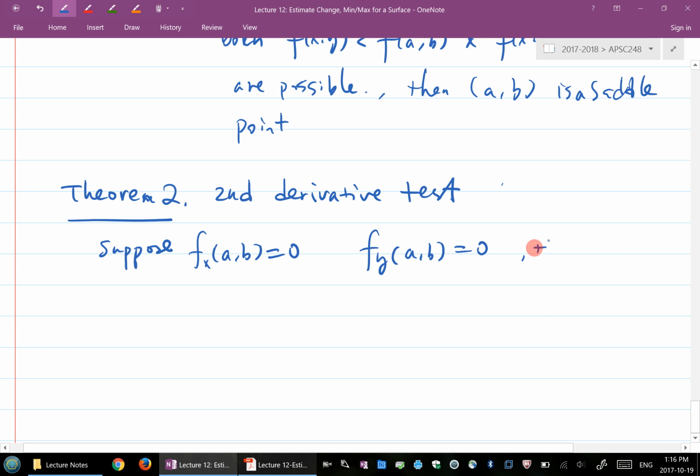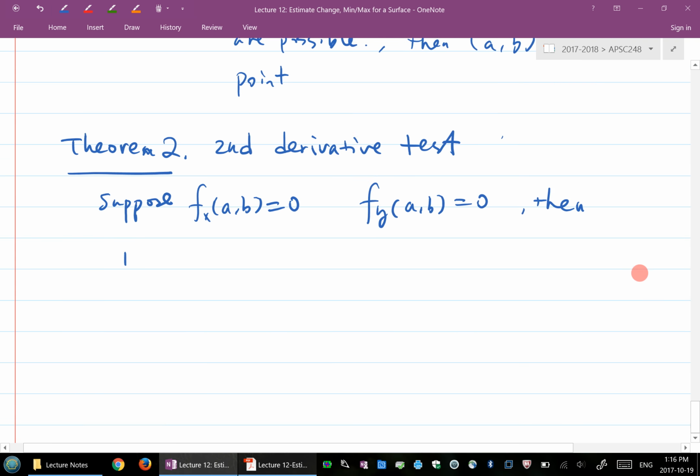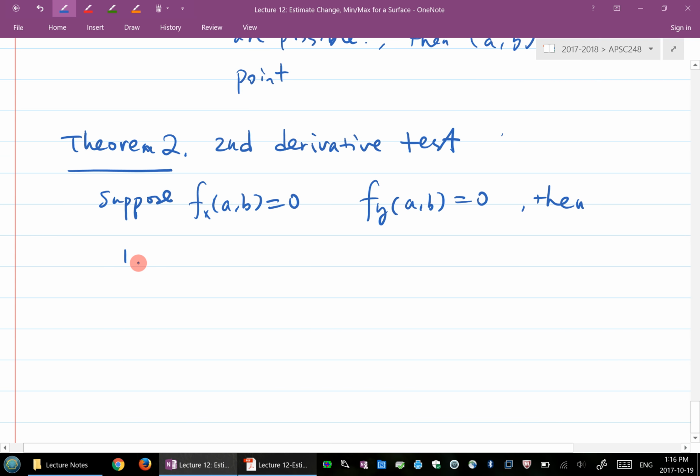Then we're going to look at the second derivative test now, and it'll actually be classified into 4 different cases.